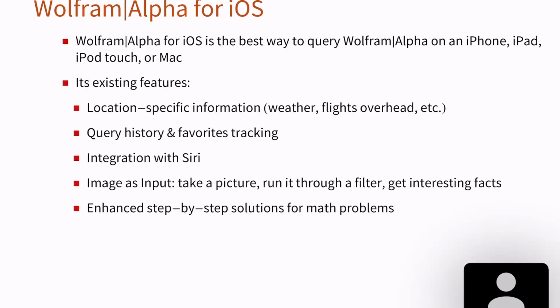Wolfram Alpha for iOS came out around 2010, shortly after the platform launched on the web, and since then it has been ranked as one of the top reference apps for iOS pretty consistently ever since it came out all those years ago. Some of its existing features: it supports location-specific information.